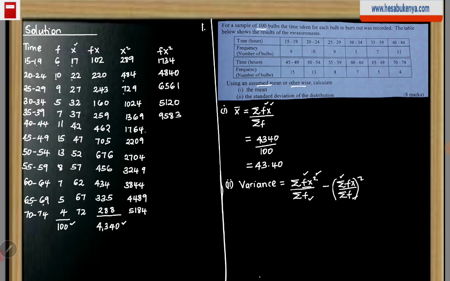11 times 1764 is 19404. Then 2209 times 15 is 33135. Then 2704 times 13 is 35152. Then 3249 times 8 is 25992.